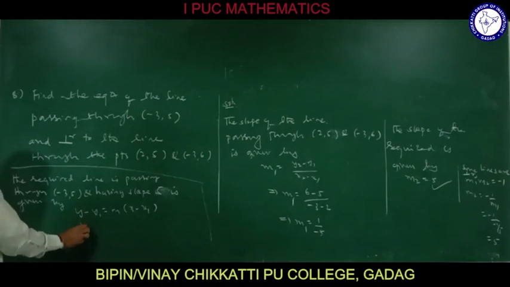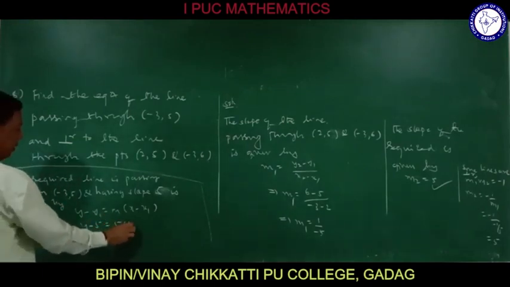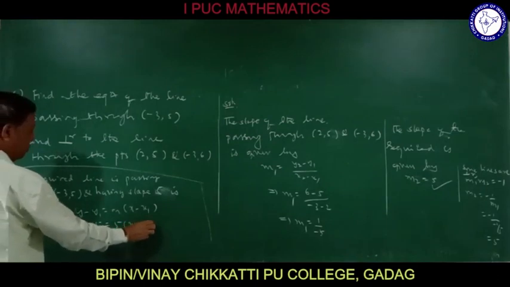Here y1 is 5, the slope is 5, and x1 is minus 3.